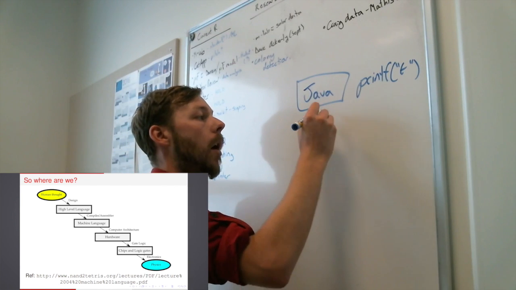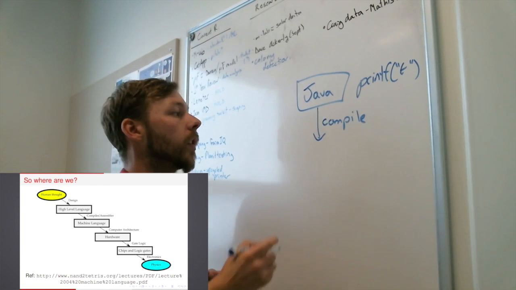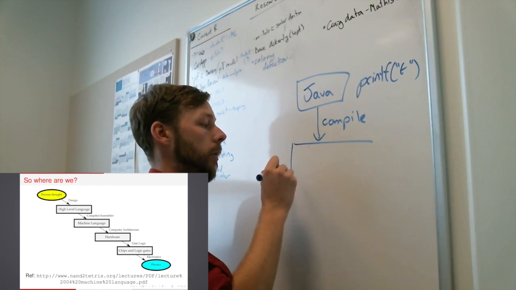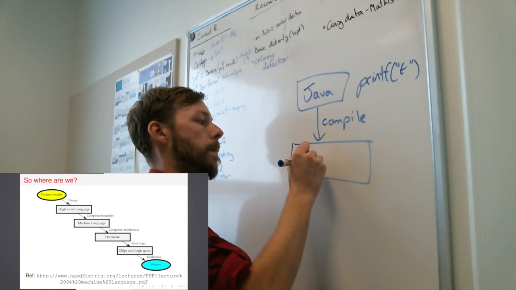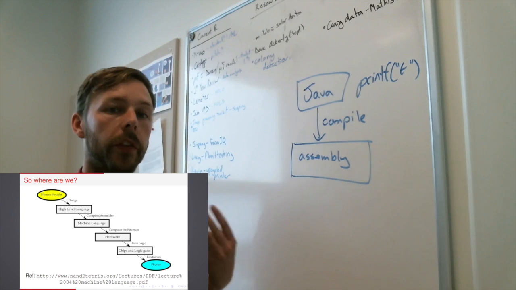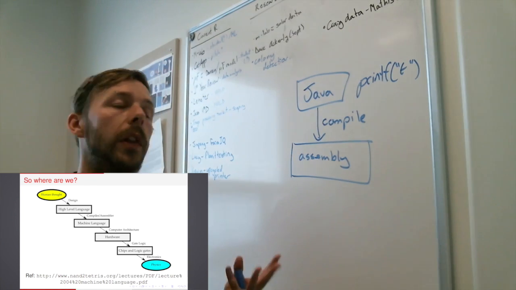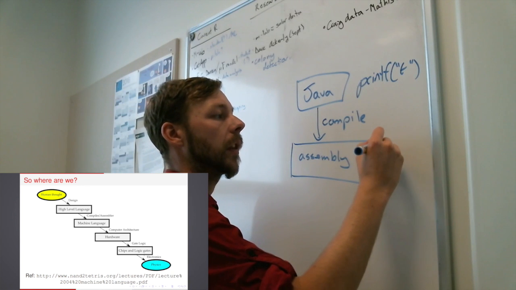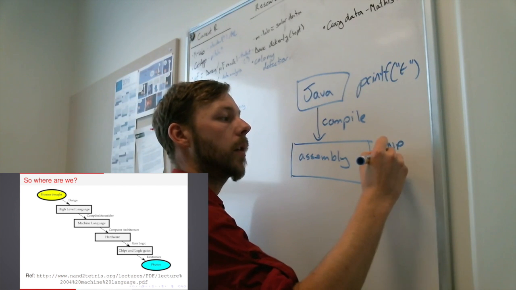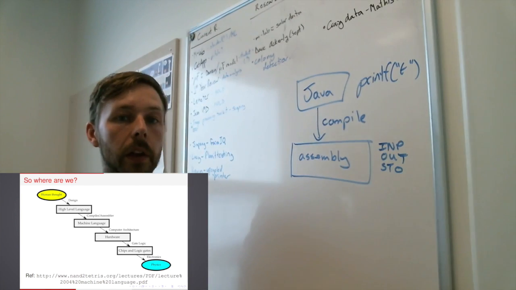So the compile step takes your Java code and turns it into what is called assembly code. Assembly code is what we've been talking about as the human readable form of the little man computer. So this is like inp, out, store, and various other commands like that.